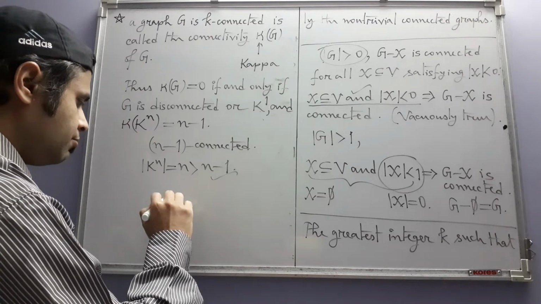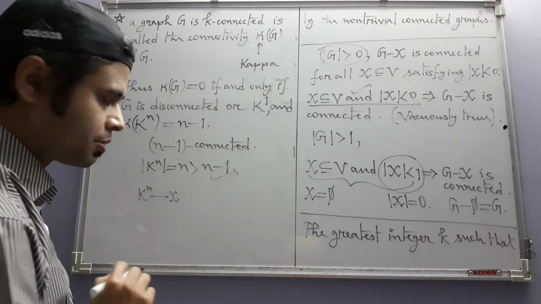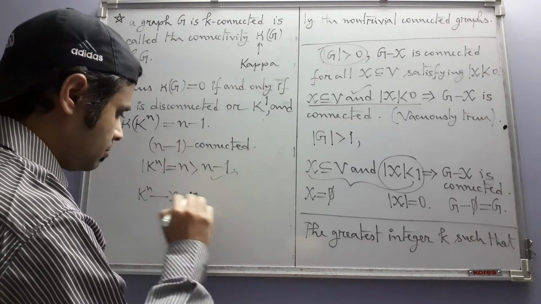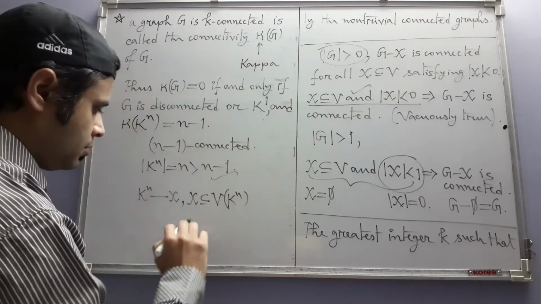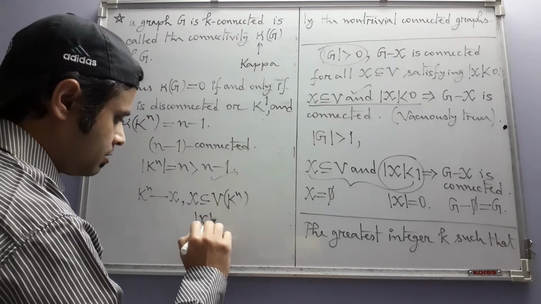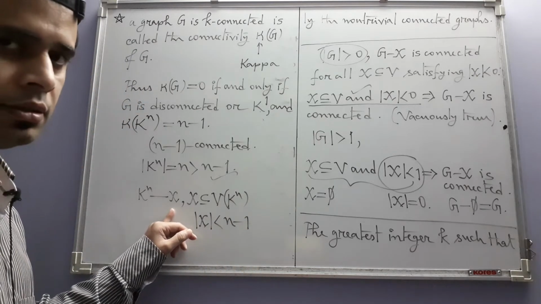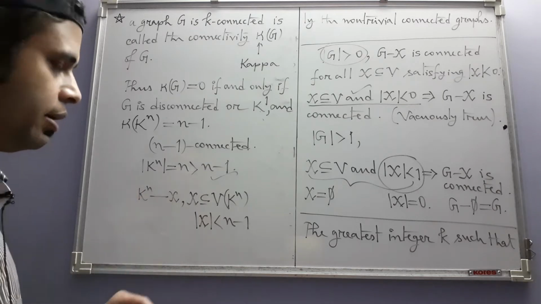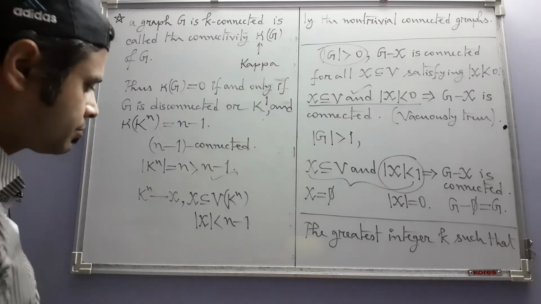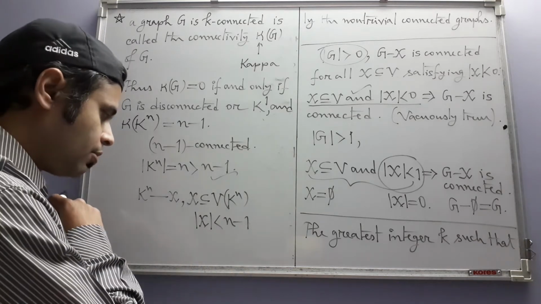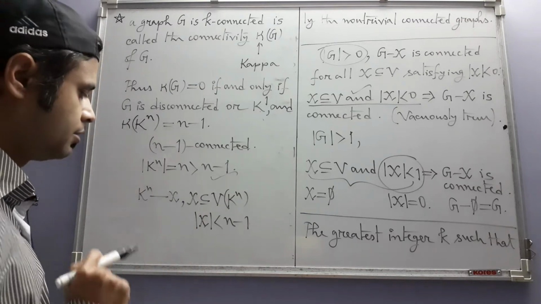Now if we remove a set of vertices from Kn whose cardinality is less than n minus 1, is this connected? Yes, it is, because in Kn any two distinct vertices are adjacent. So unless you remove all the edges, you cannot have a disconnected graph.